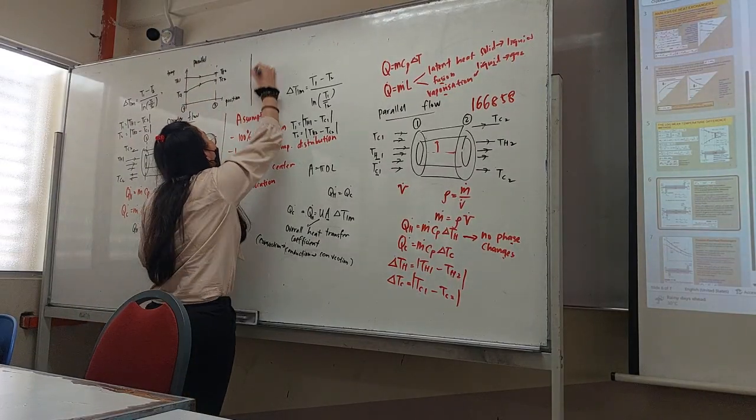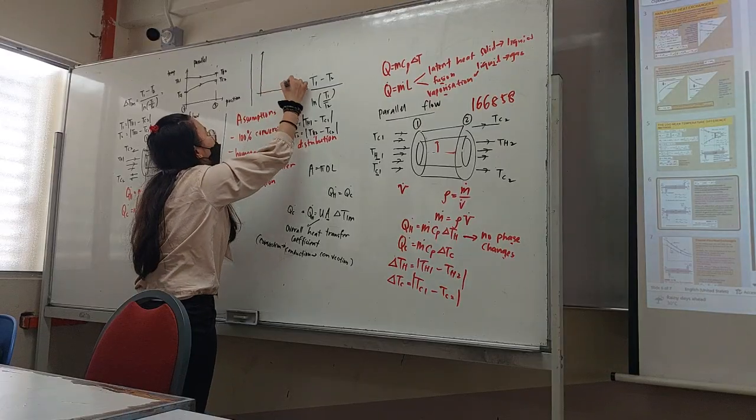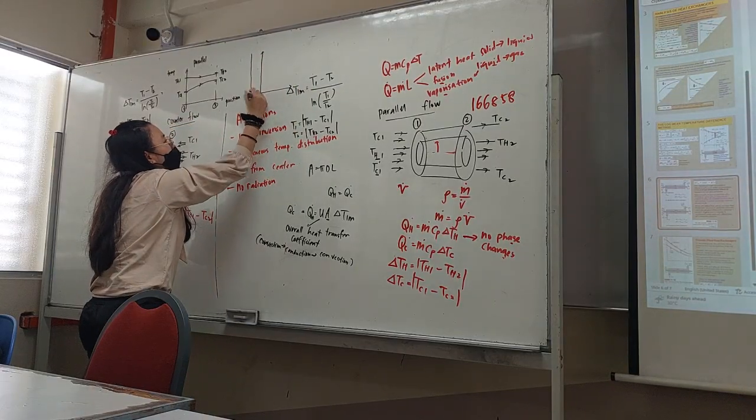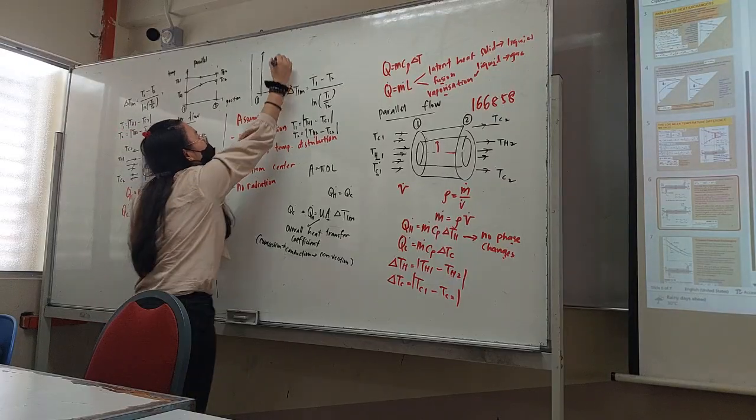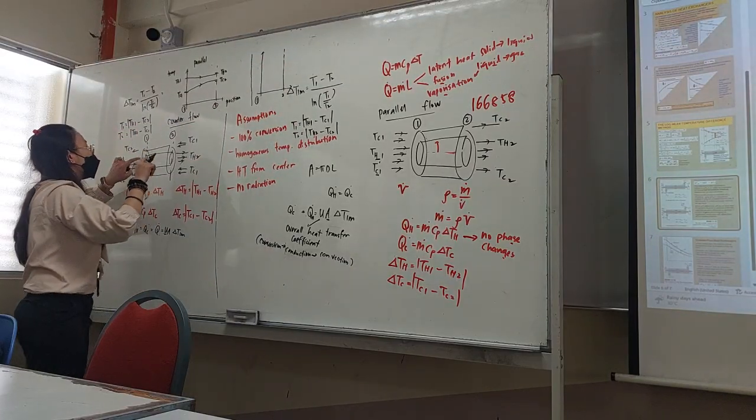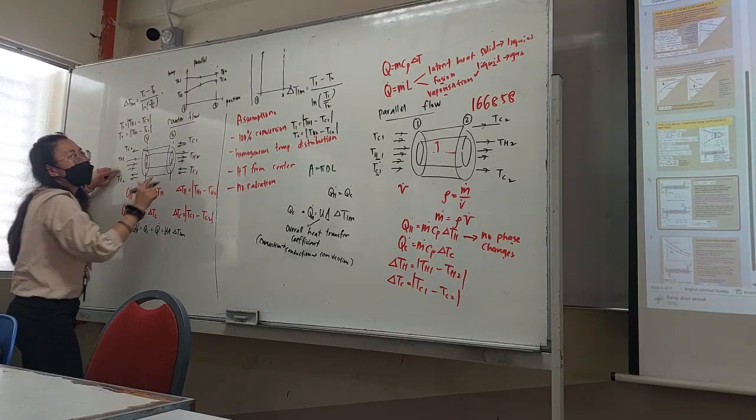Another one is counter flow, where I think some of you make mistakes. This is the first position and this is the second position. At the first position you have TH1 and TC2.